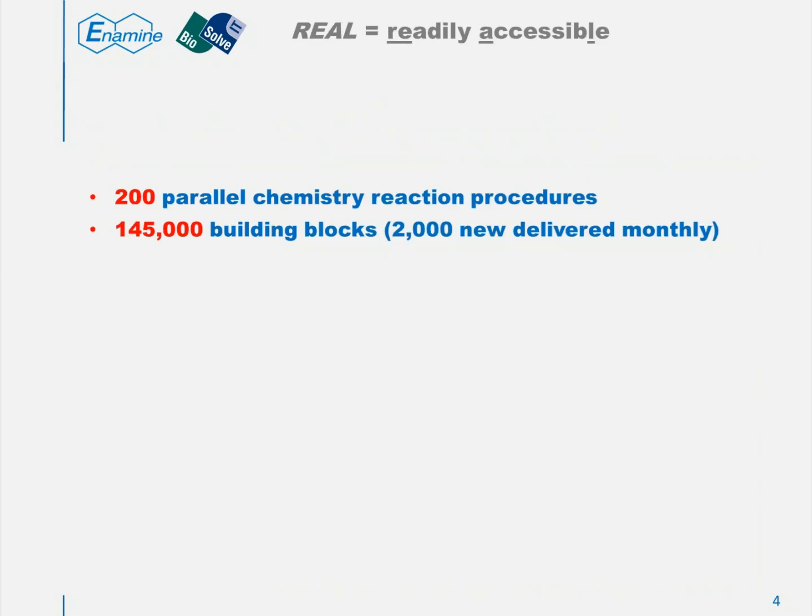Yeah, thank you. If we're talking about chemical space, we probably think about the building blocks and the reactions to combine them. If we're talking about Enamine's chemical space, we have about 145,000 building blocks that can be combined via 200 parallel chemistry reaction procedures.